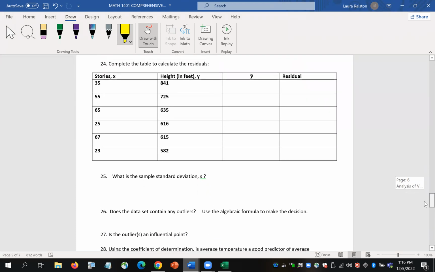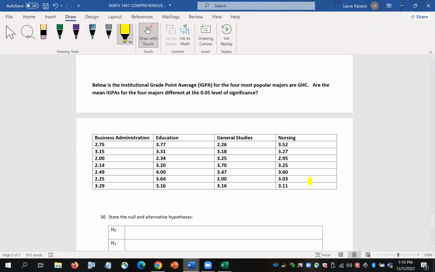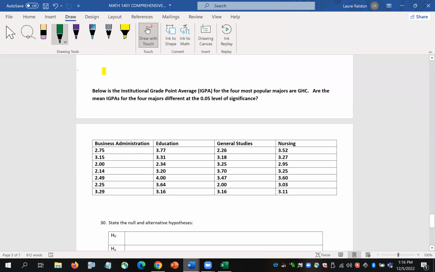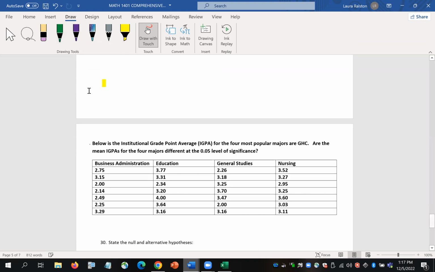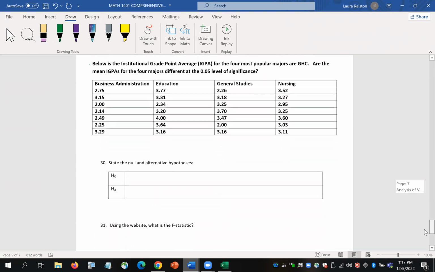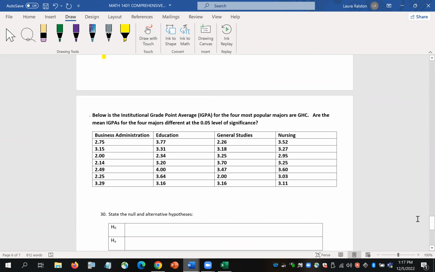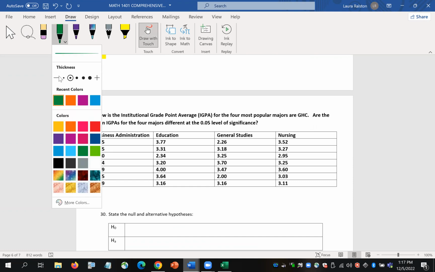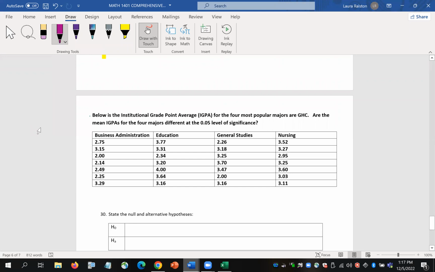All right, again, remember to omit questions 24, 25, 26, and 27. The last scenario has to do with an ANOVA. And again, hopefully you can recognize it as an ANOVA, because you have numbers sorted by categories.